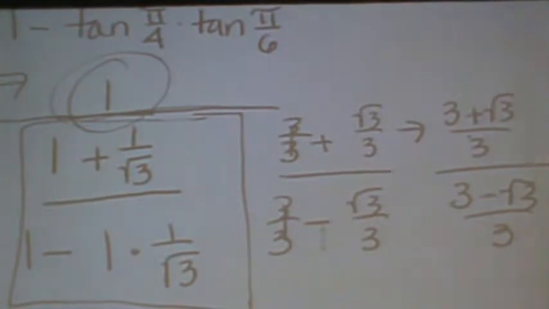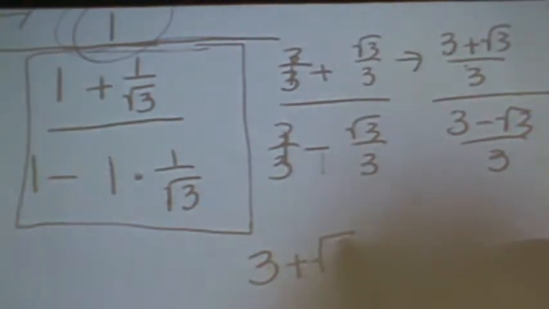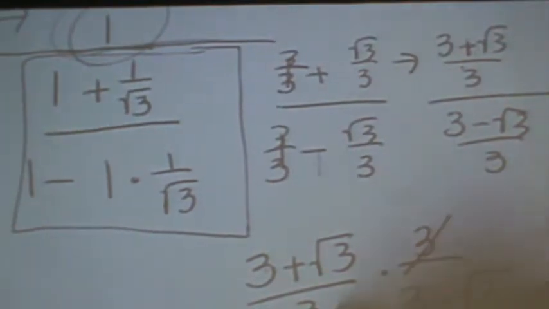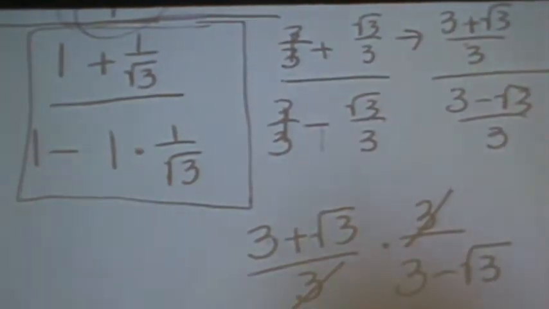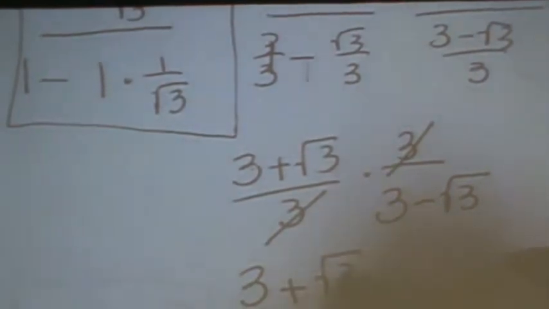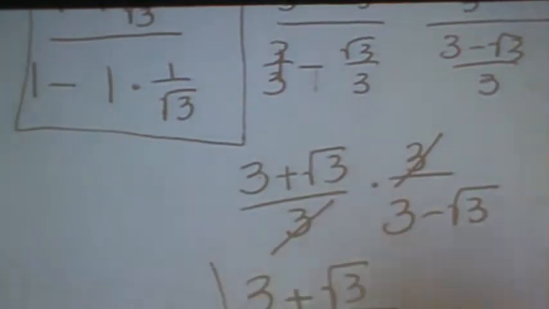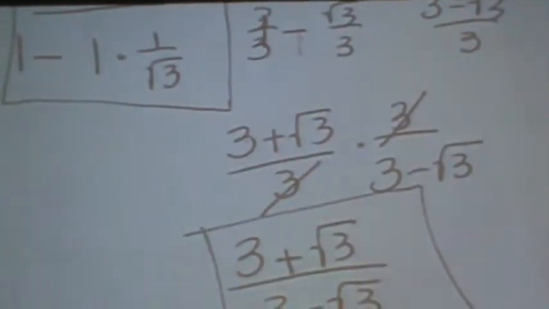Now, this is a fraction, so you're going to flip and multiply. 3 plus root 3 over 3, you're going to flip this and multiply it. These are going to cancel, so in the denominator you have 3 plus root 3 over 3 minus root 3. Now this is in the denominator, that's in the denominator, so you have a 1 here.